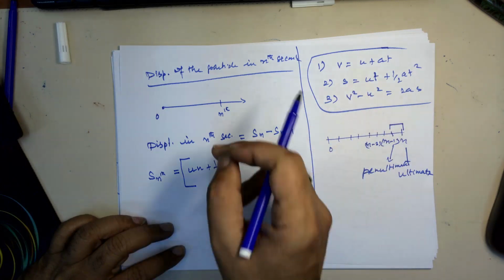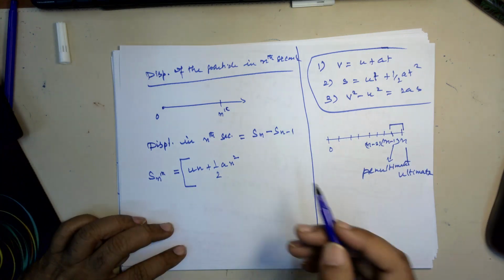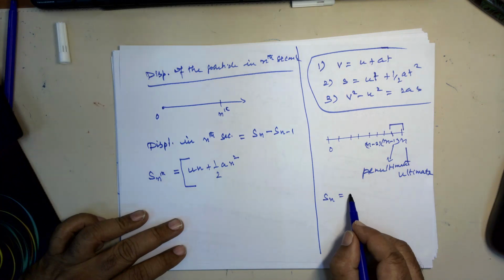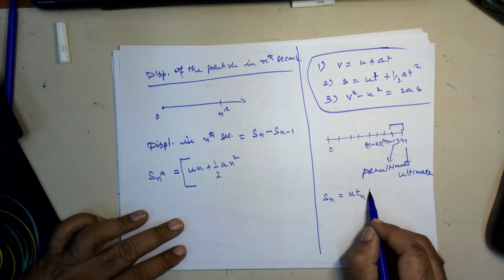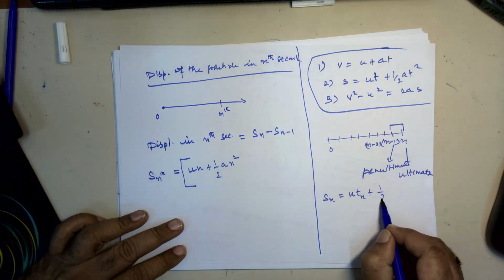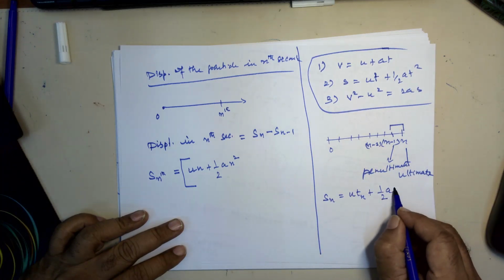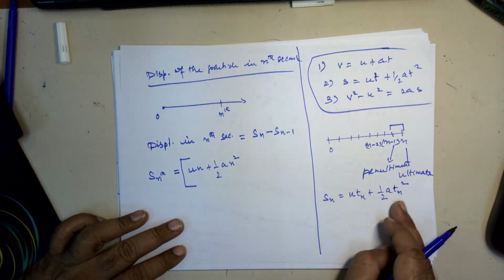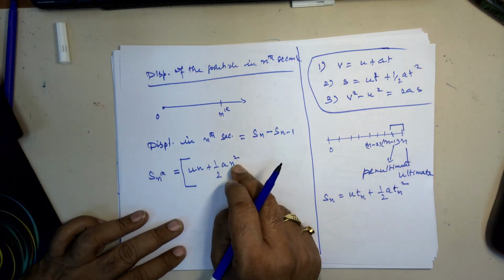Instead of t, you can put tn, and instead of tn, you can put simply n. Some teachers teach like this: Sn is equal to u into tn. They maintain the same t. But in your book they are adopting this representation. So both are the same only. Is it clear? So instead of tn they have put n, and here n squared.